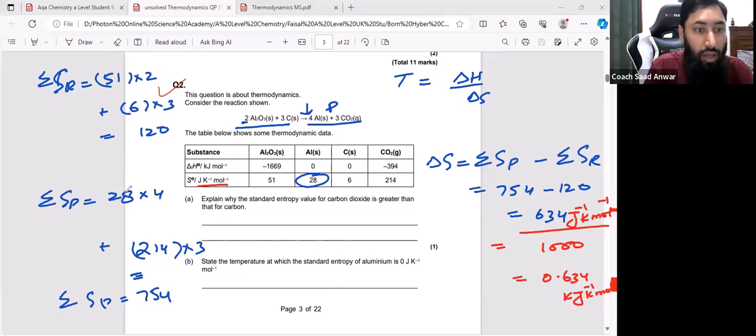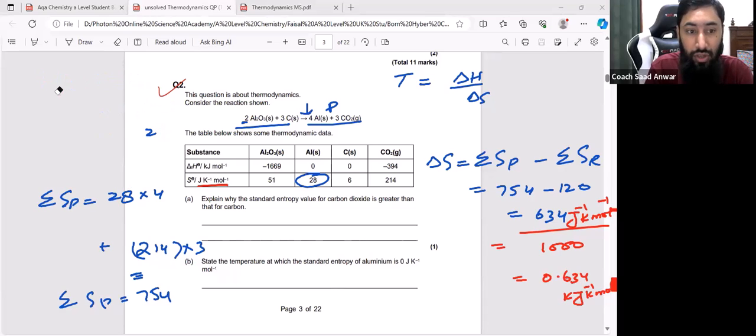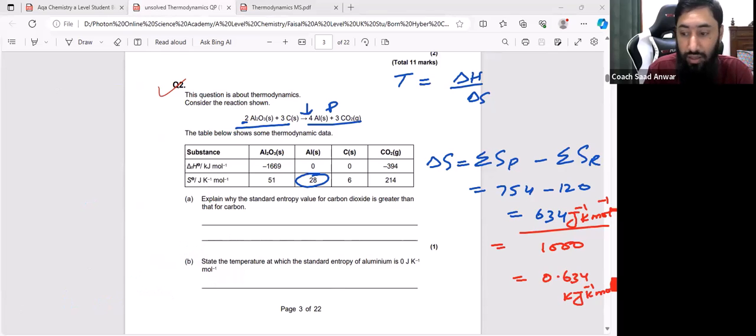Similarly, guys, now I am going to find delta H and I have two different ways to find delta H. One is the simple way, the other is to make a thermochemical cycle. I am going to use the complicated way, that is the thermochemical cycle.